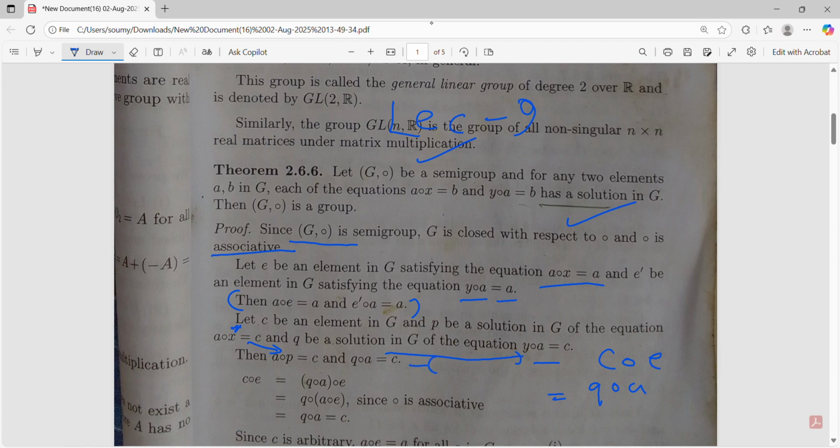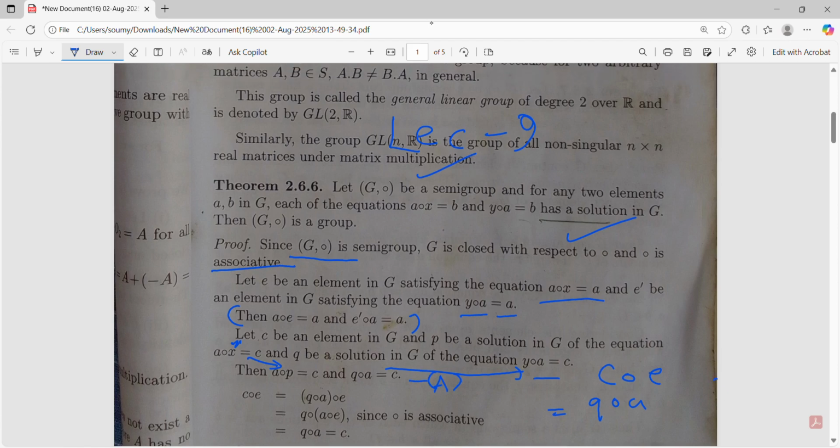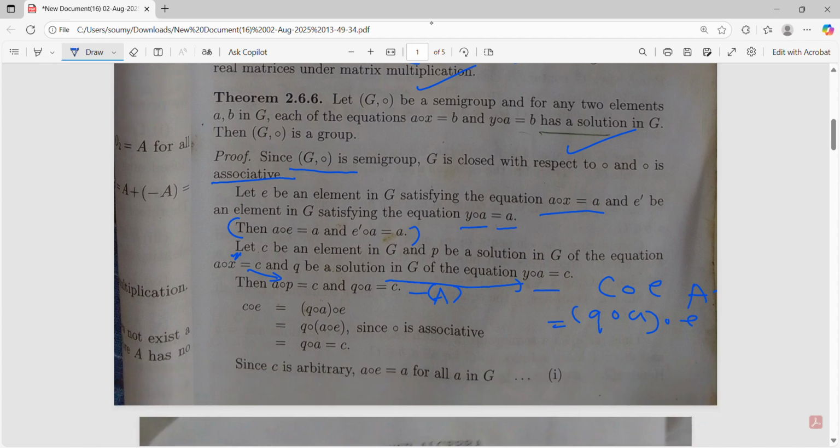Say this equation is equation A. From A we can write this compose E. Again by the associative property we can write Q compose A compose E. Then by the identity property we can write this as Q compose A, and we know Q compose A is again equal to C by equation A.